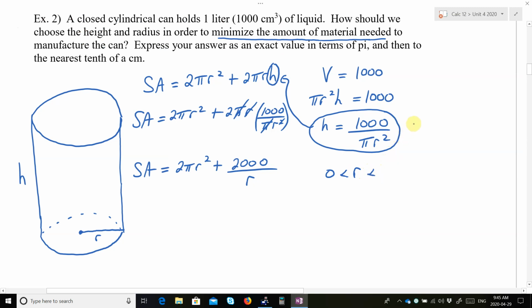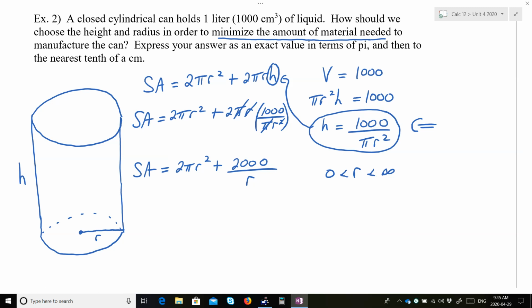And less than, we would look at this equation here to see if there's any other restriction on r. Mathematically, there's not. I mean, we could make r as big as we like. Even if r was infinity, it's not going to make h negative. So we're looking to see if we would ever make h negative, and we're not. So mathematically, r can get as big as we like.